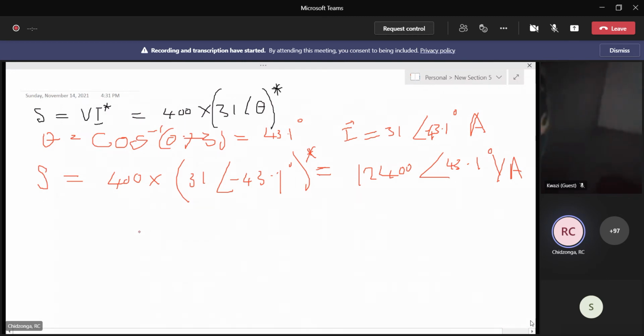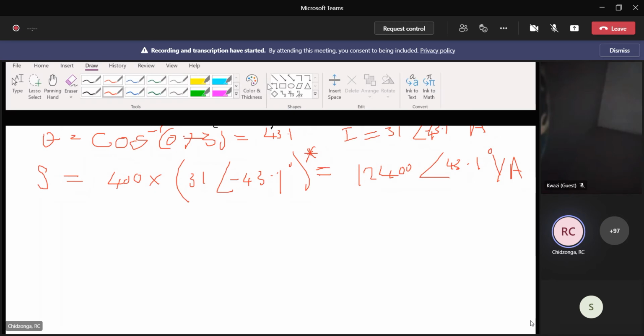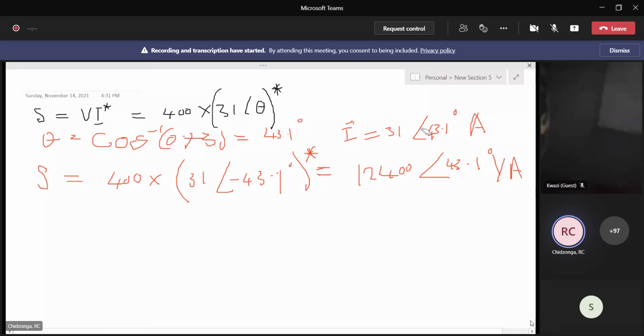What is the sign of the angle, sir? It has changed to positive after this conjugation. It was negative for the current because it's lagging, it's an inductor. Are you with me? Yes, sir.